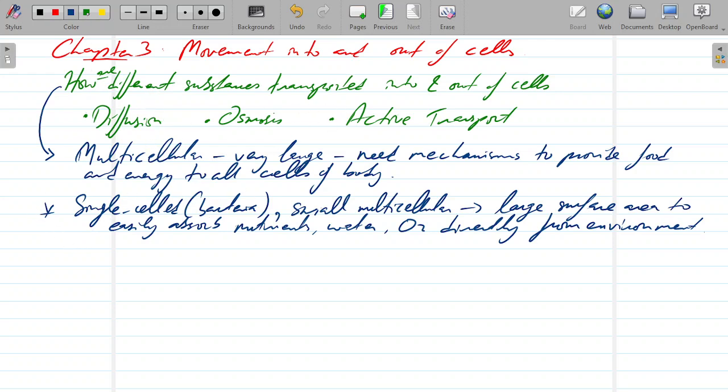So, starting off with diffusion. And what is diffusion?